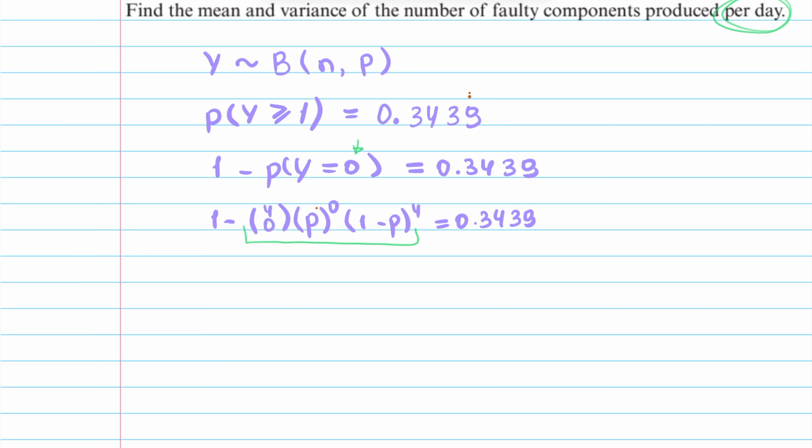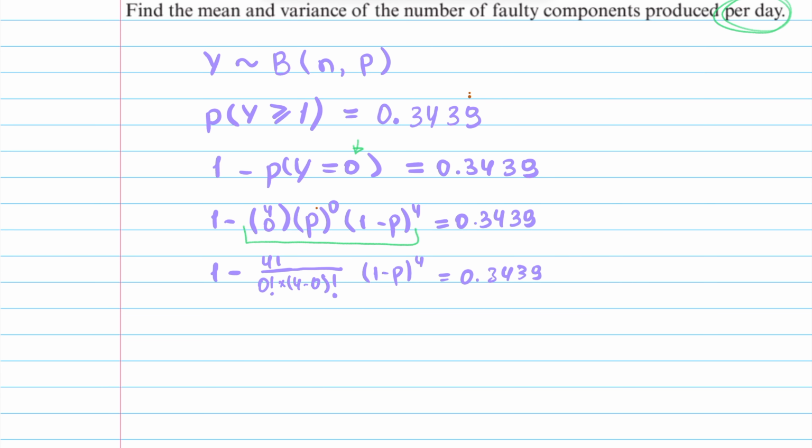So if you calculate this, 1 minus 4 factorial divided by 0 factorial multiplied by 4 minus 0 factorial, which is basically 1. p to the power of 0 is 1, and then we leave 1 minus p to the power of 4 equals 0.3439.